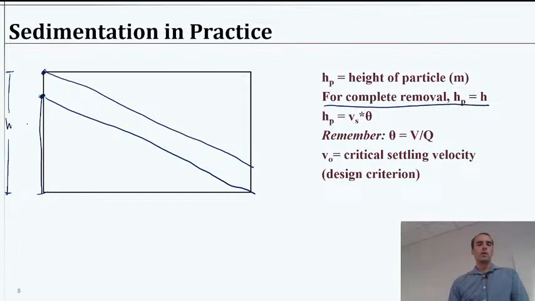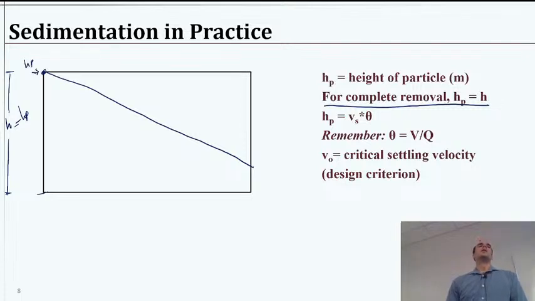So if we set that equal to HP, then we're aiming for total removal. So if this is now the height of the particle, that's how we'll design our reactor to say, okay, the worst case scenario, the particle's at the very top of the water and we need to get it to the bottom.